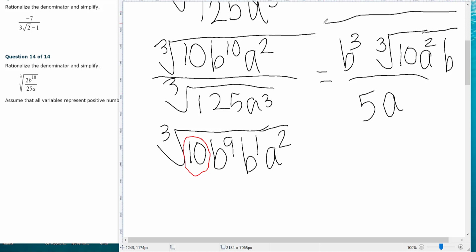So this is my final answer for number 14. b cubed times the cube root of 10a squared b, all of that divided by 5a. And that's a rational denominator. Look, rationalize the denominator, because there's no square root or cube root or any kind of root in our denominator, so we have rationalized it.